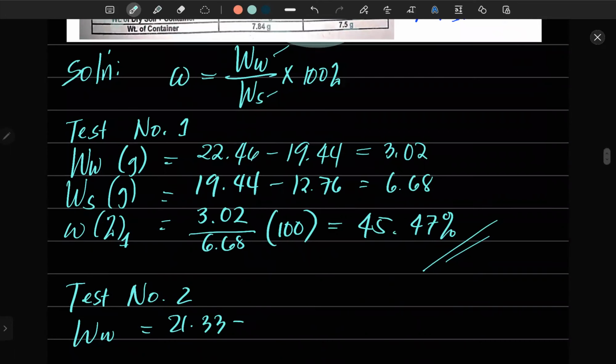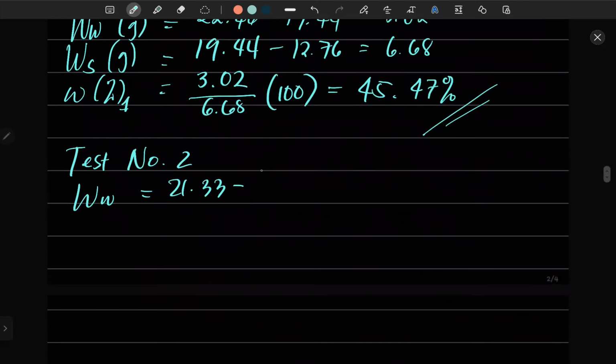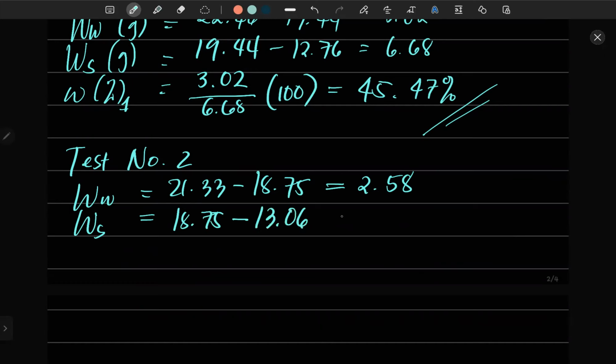This yields the value of 2.58. Then the weight of the soil solid is 18.75 minus the value for the container, that is 13.06.